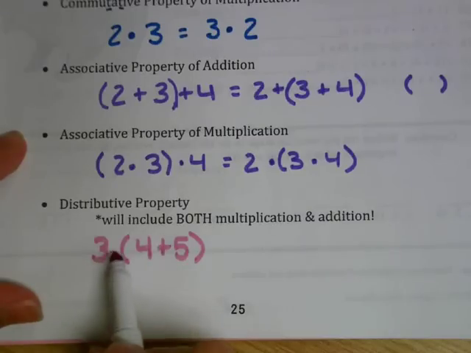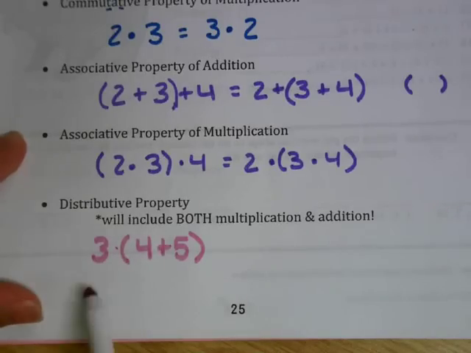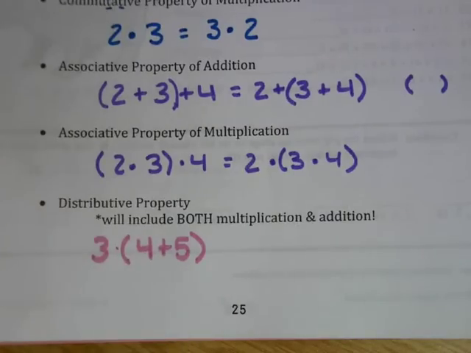We know if there's nothing in between the 3 and the parentheses, what does that mean? Means multiplication. So it's really like there's a multiplication sign here. But I can't just go ahead and multiply 3 times 4 because the 4 plus 5 is in parentheses. So if I were to follow the order of operations on this, what's 4 plus 5? That would be 9. 9 times 3 is going to be 27.